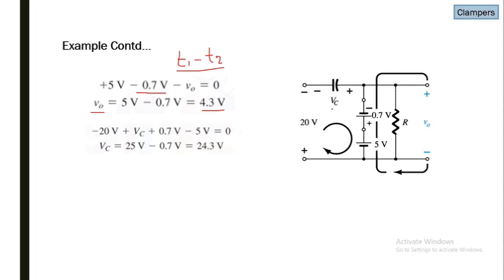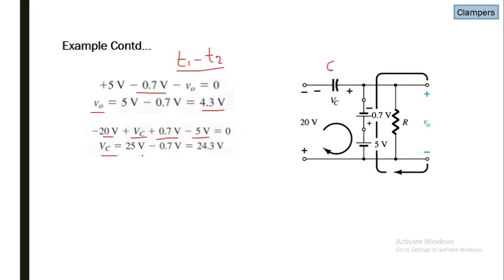Now to calculate Vc, that means the capacitor will charge up to Vc, so we should find Vc also. So we can find Vc by applying KVL in this loop. So let's apply KVL. We have a drop of 20 volt, and then a rise of Vc, and then again a rise of 0.7 volt, and then a drop of 5 volt.